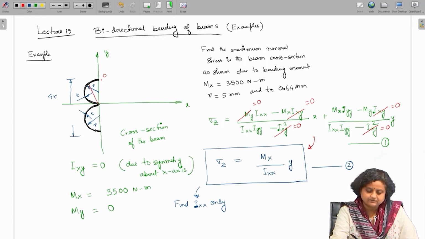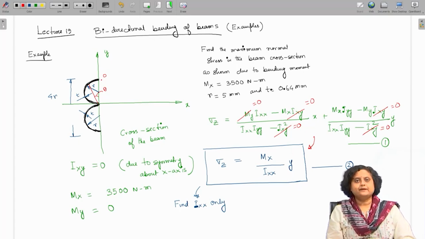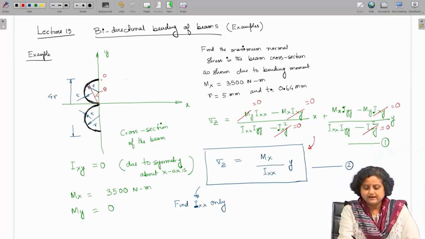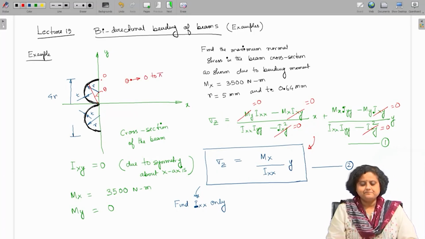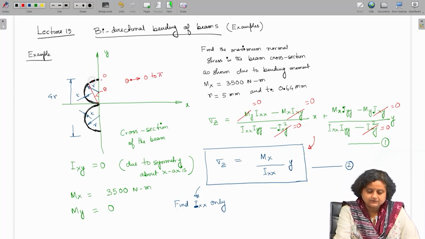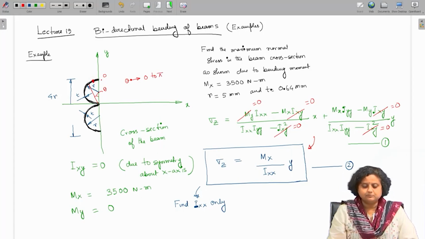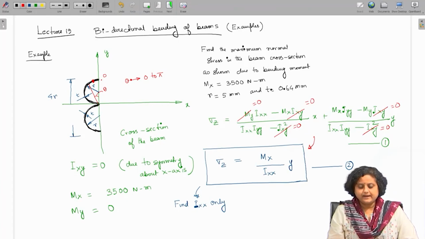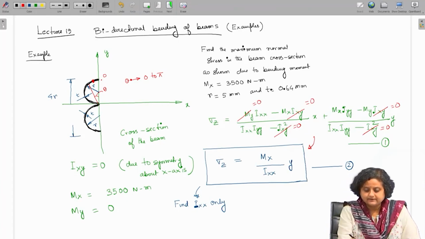Let this be the angle theta that we consider. Theta is going to vary from 0 to pi. If this is the angle theta, then the distance of any small element from the x axis, y, is going to be given as r plus r cos theta.